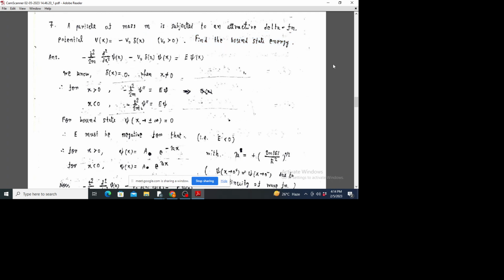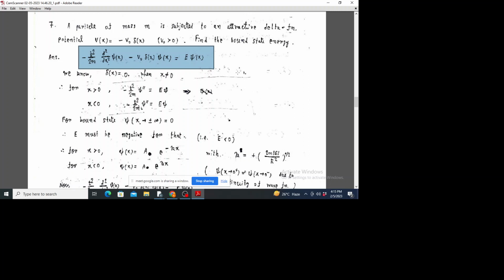First we have to check whether there is a bound state at all, and after we have been sure, we can proceed to find the bound state energy. So how to do that? We start by writing the time independent Schrodinger equation, with the potential and the energy eigenvalue.